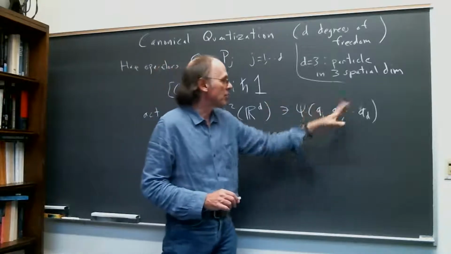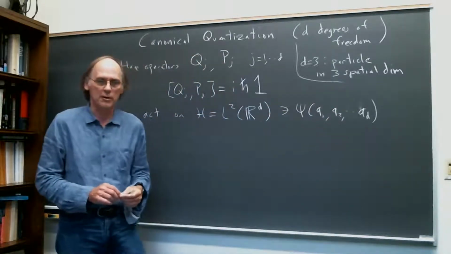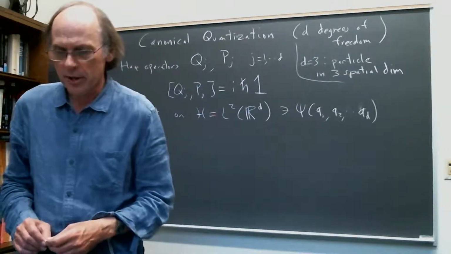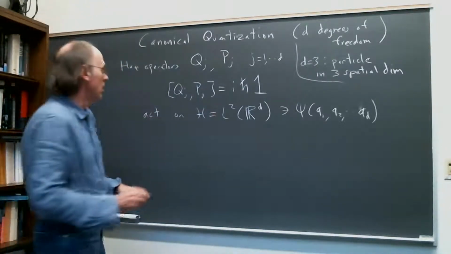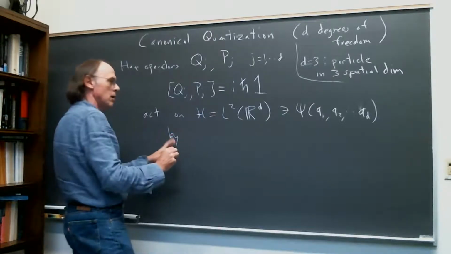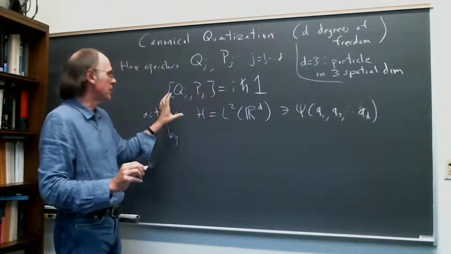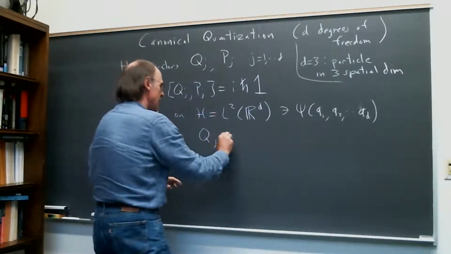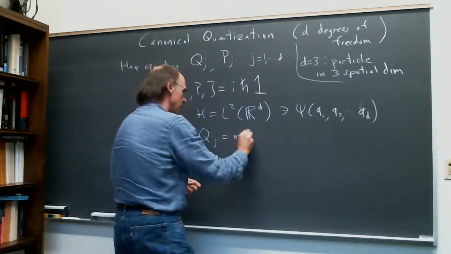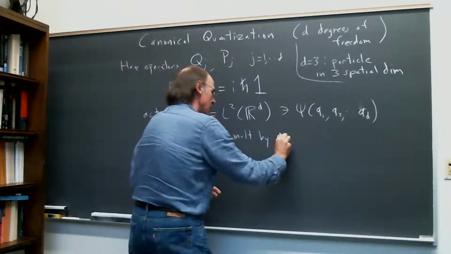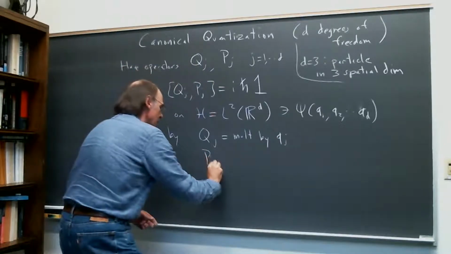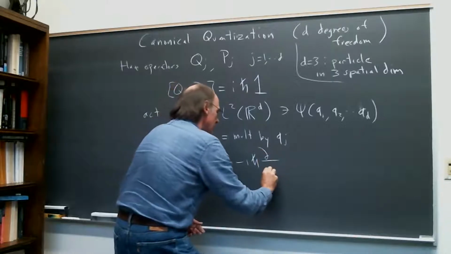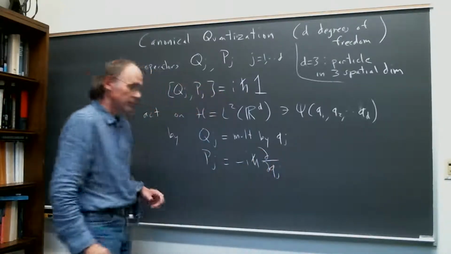But if you've got several particles, they'll be the spatial coordinates of the different particles. Then you're given an actual representation of these operators on the space by setting q_j equal to multiplication by q_j, and p_j equal to minus i h bar d/dq_j.